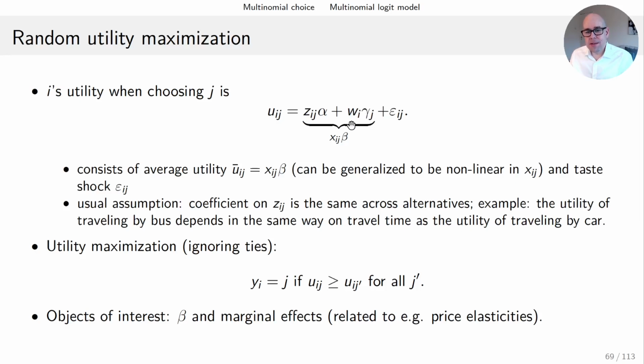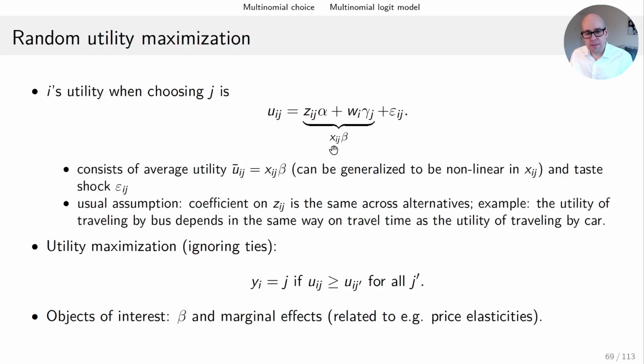What you can do is you can create lots of interaction terms between W_i and alternative indicators, and then each interaction term would have its own coefficient gamma_j, but then what you actually have is a parameter vector that is not alternative specific, and the regressors which are, so the x_ij would include the z_ij and all the interactions between w_i and the alternative indicators.